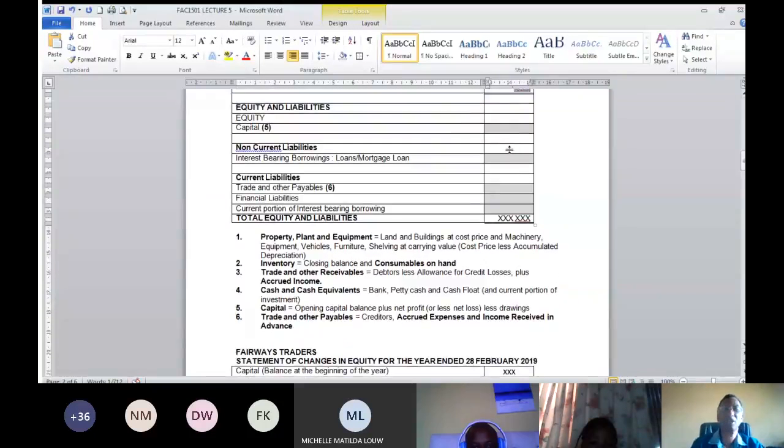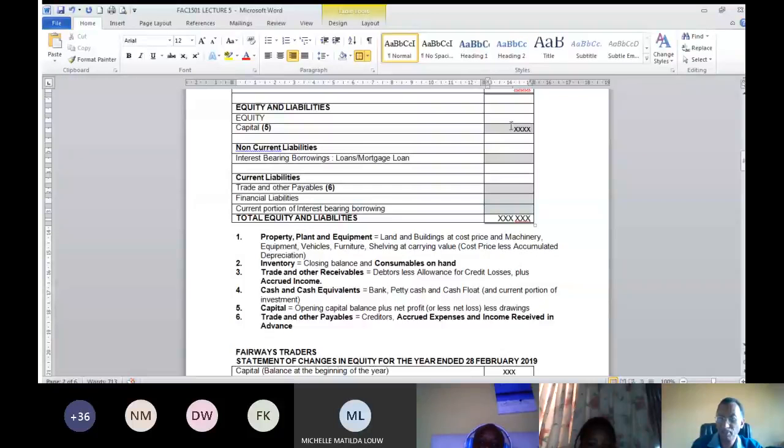The bottom section is called equity and liabilities. We first of all take a look at our equity. Your equity is your amount of capital. We want to know what is the balance of capital at the end of the year. Remember that balance of capital, we calculated that already in our statement of changes in equity.